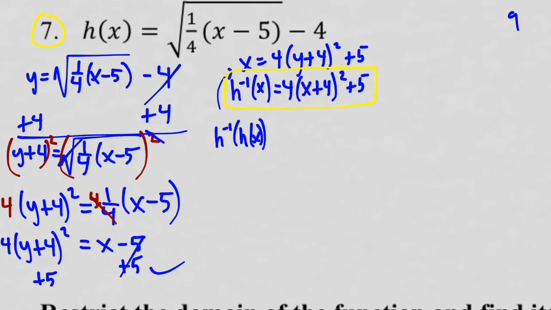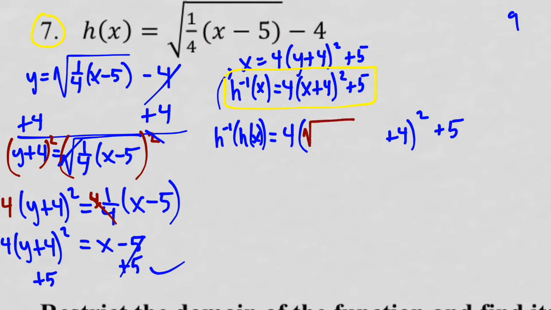That means the original into the inverse equals 4 times parentheses, a lot of stuff, plus 5. Now there's a plus 4 here, but this empty space that I left here is for the original, for all of this: square root of 1/4 x minus 5, minus 4. So all of that is going in there.